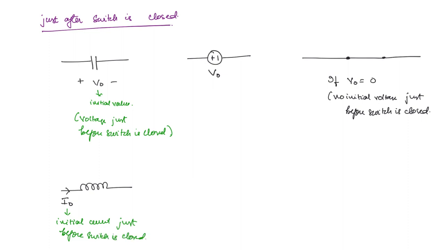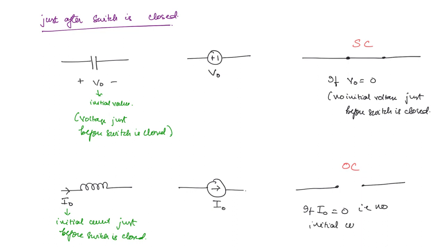Then it will behave like a current source. The direction will be the same as that given here, and the magnitude will be I naught. Now, if there is no initial value, that is I naught equal to 0, then it will behave like an open circuit. Here the capacitor behaves like a short circuit and here the inductor behaves like an open circuit. This is just after the switch is closed.